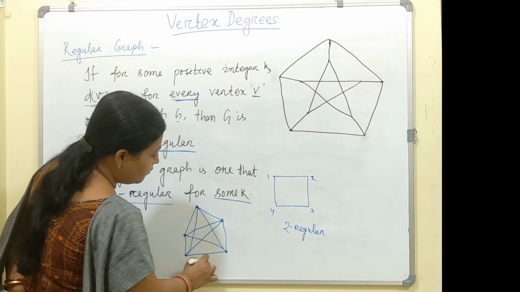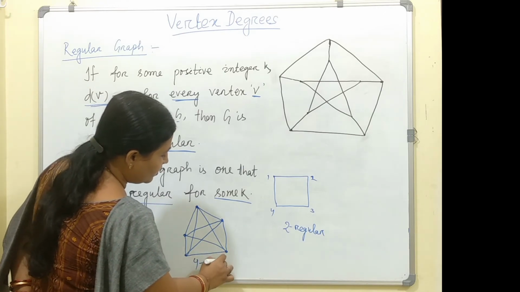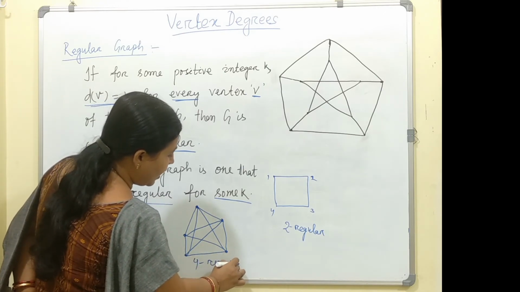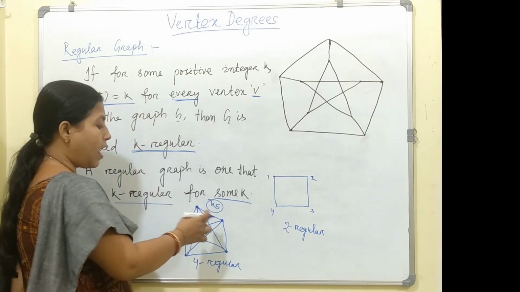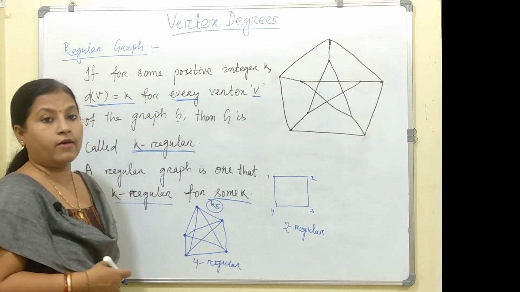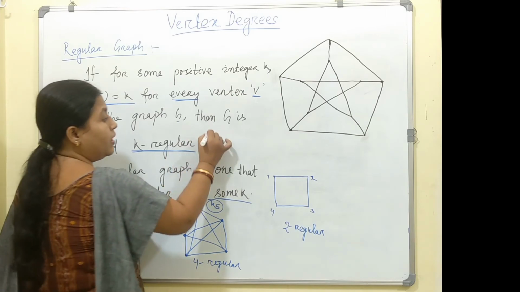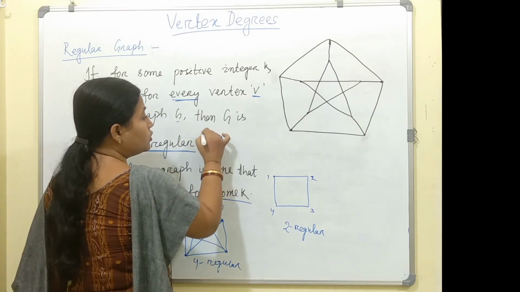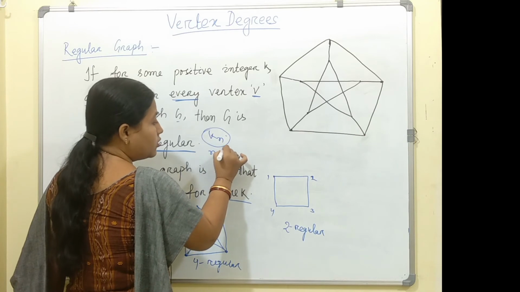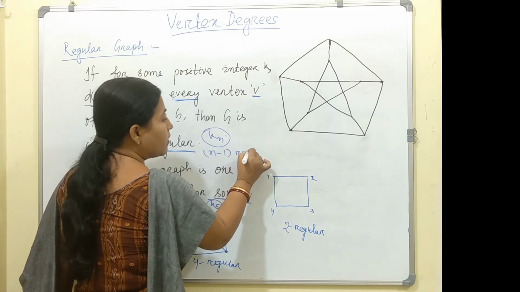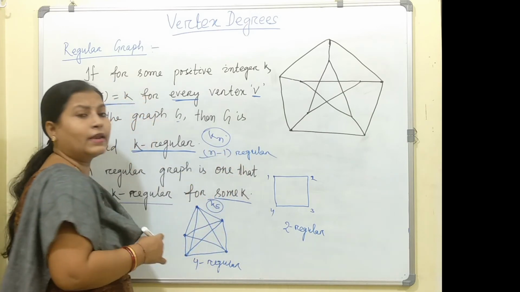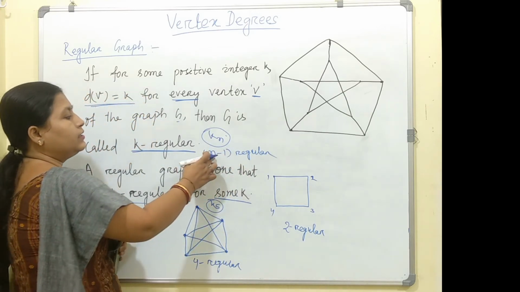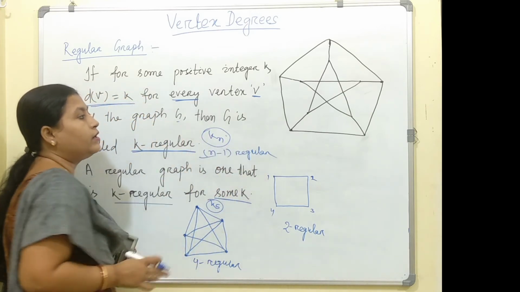So this is a 4 regular graph. So the graph Kn, with n vertices, is also called an n minus 1 regular graph.